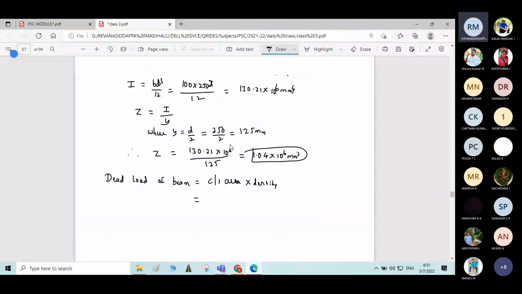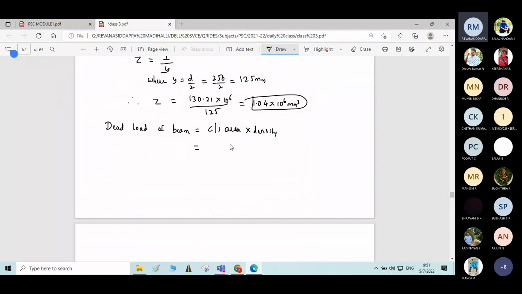So 25,000 into 10 power minus 6 into density 24. By this, you will get the dead load of the beam as 0.6 kilonewton per meter.